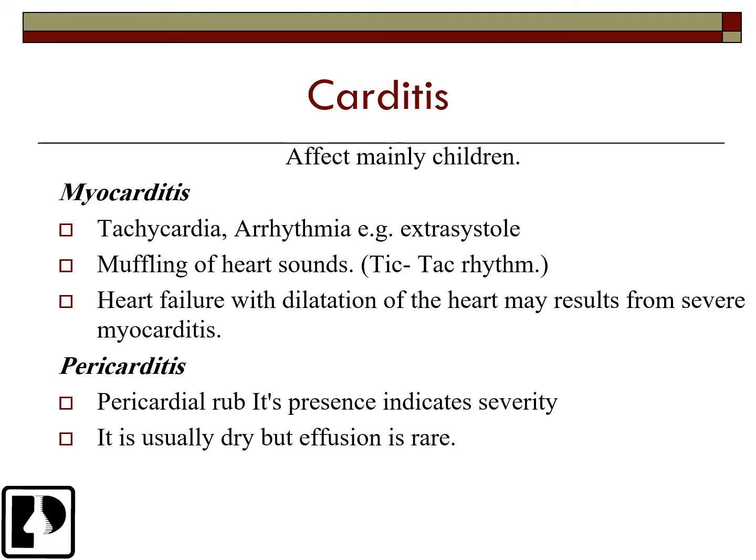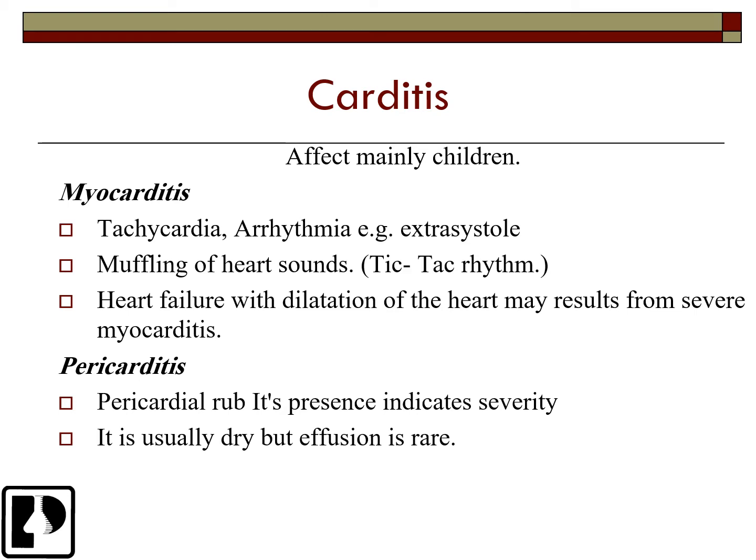Heart failure with dilatation of the heart may result from severe myocarditis. If the muscle is inflamed by a severe type, the heart may be dilated and the patient goes on to heart failure. Pericarditis means inflammation of the pericardium, the layer around the heart. It makes what's called a pericardial rub. Its presence indicates the severity.